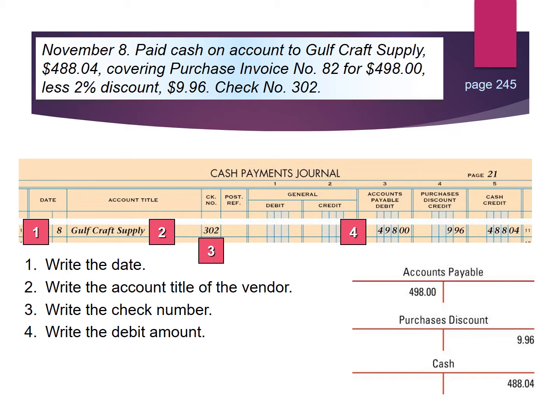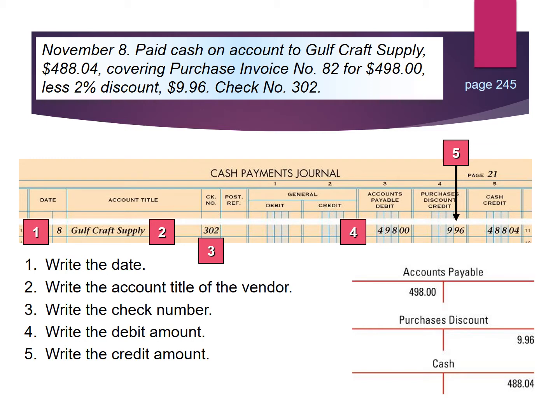Then we look at our credits. We have our purchases discount of $9.96. Do we have a specialty column for purchases discount? Yes. So we will write the credit amount of $9.96 in column 4, which is our purchases discount credit. The third account that we have is our cash account, which was credited for $488.04.